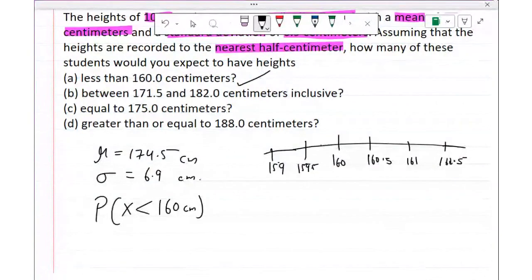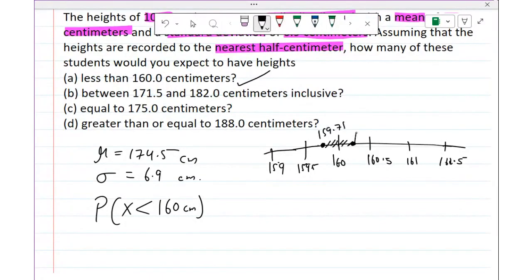No. Here 160 means this point to this point: 159.75 to 160.25. So in reality, when we want less than 160, you have to find the probability of X less than 159.75.